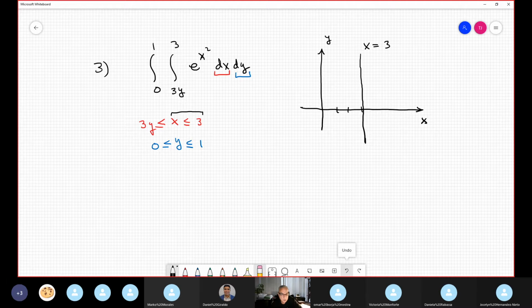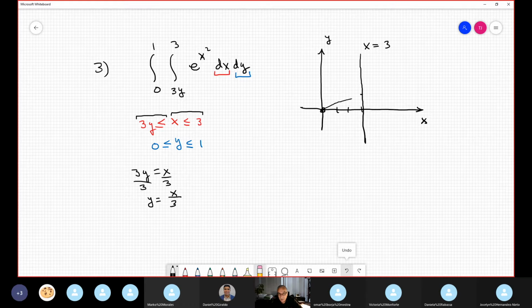The second equation is 3y equals x. Much better, at least for me, divide by 3, so y is x over 3. This is a line passing through the origin, of course, and its slope is 1/3. So this guy is 3, this guy is 1. Run is 3, rise is 1.